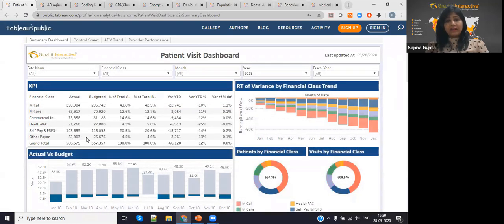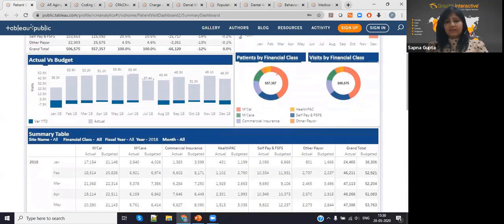First two charts are showing actual versus budgeted hours for each financial class and monthly spread for a specific fiscal year. So by default here, fiscal year is the current year. On the right hand side, we have charts showing running total of variance between actual and budgeted, and the below pie charts showing total patients and their visits for each financial class.